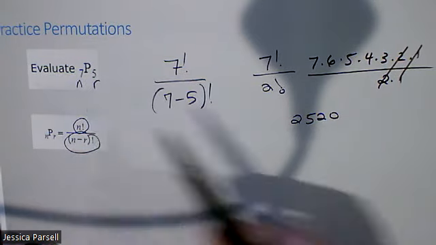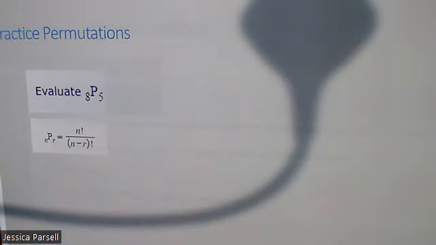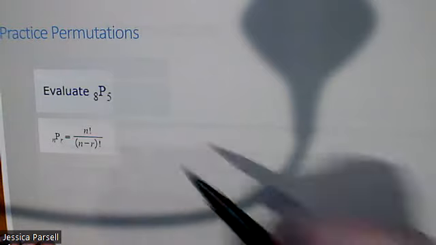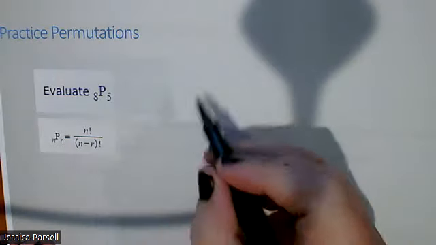All right, so that's a practice permutation. And in the case of math, practice makes perfect. So I want you to practice another one. Just get real comfortable with permutations. So pause the video and then come back and see how you did.